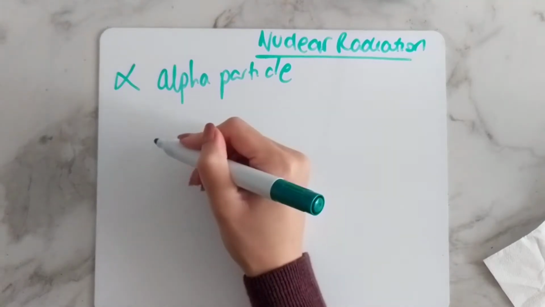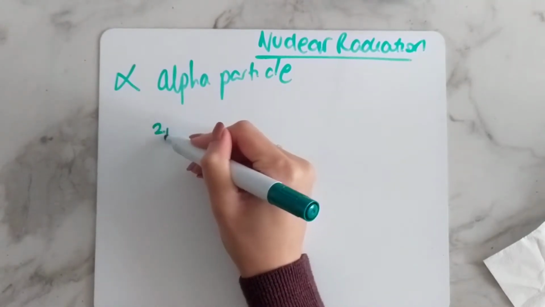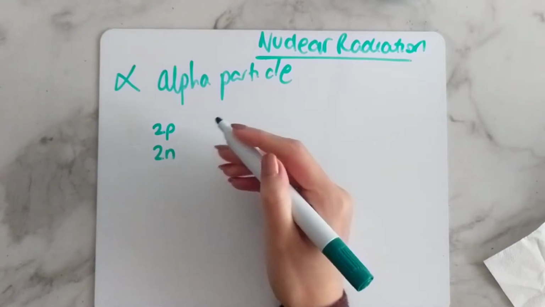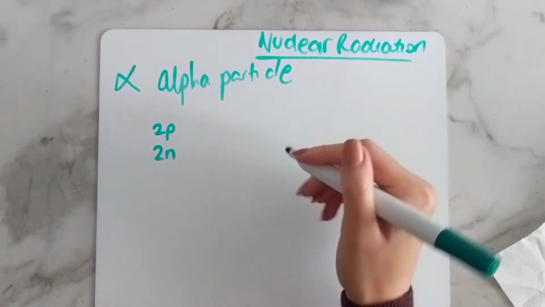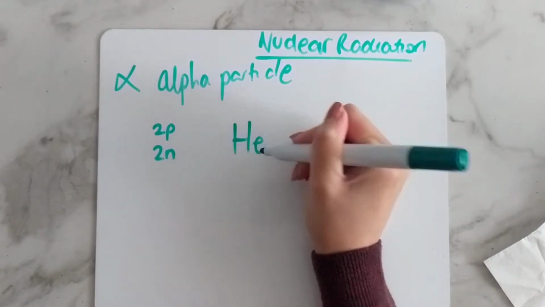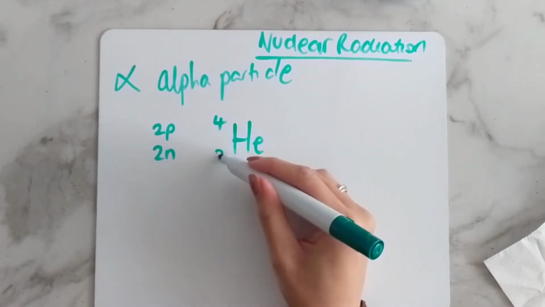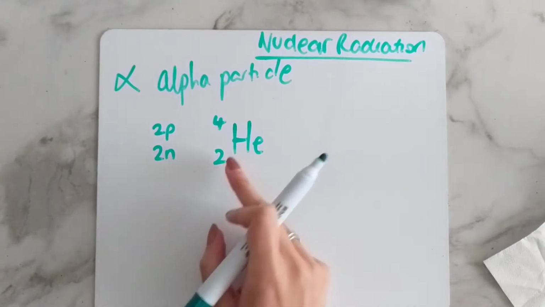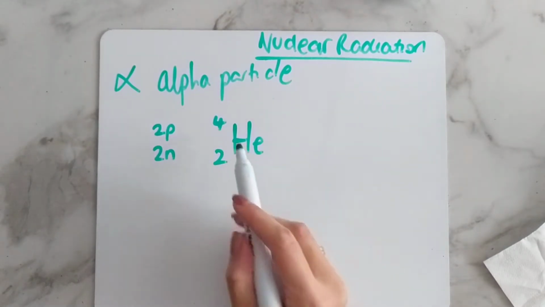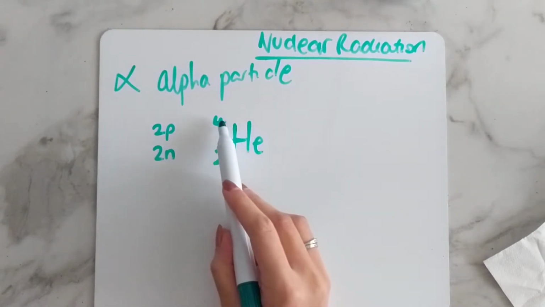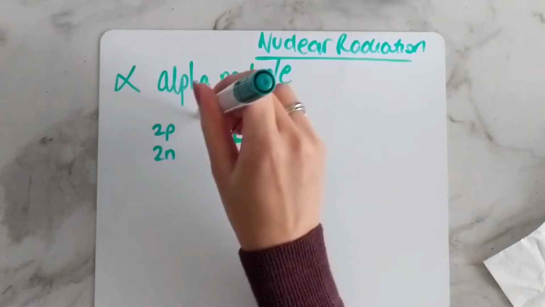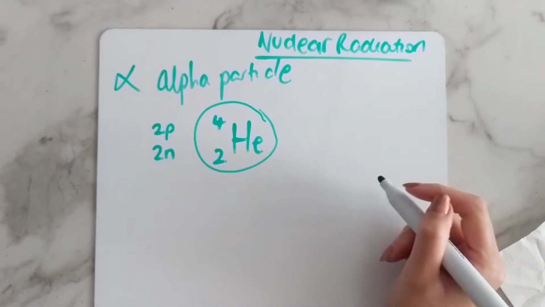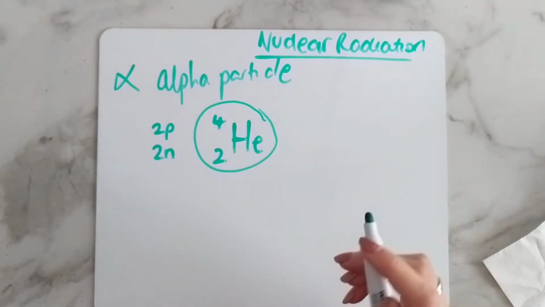Alpha consists of 2 protons and 2 neutrons, just like a helium nucleus, 4 at the top, 2 at the bottom. Remember, the atomic number tells you how many protons there are. The top number tells you how many protons and neutrons there are. So we've got 2 of each, which makes it 4. So an alpha particle is effectively a helium nucleus.